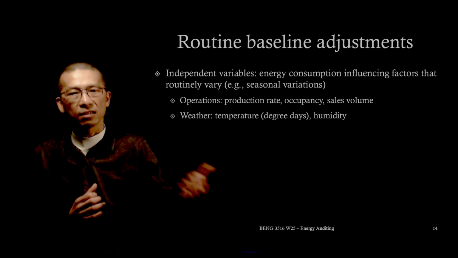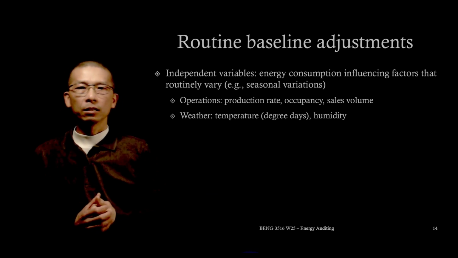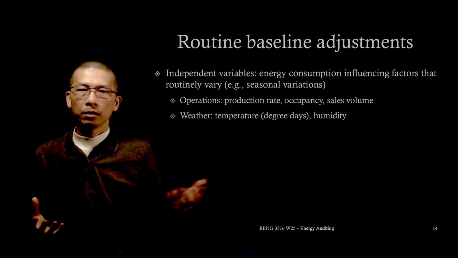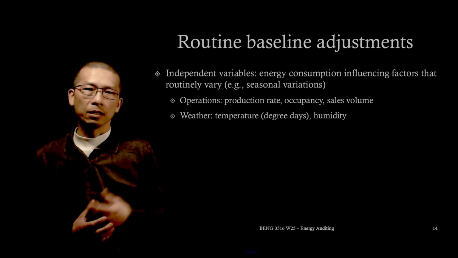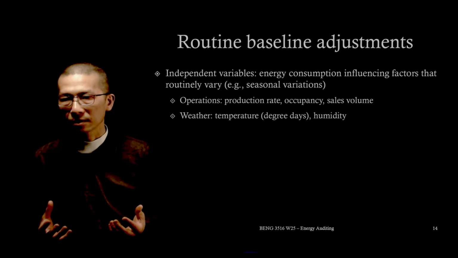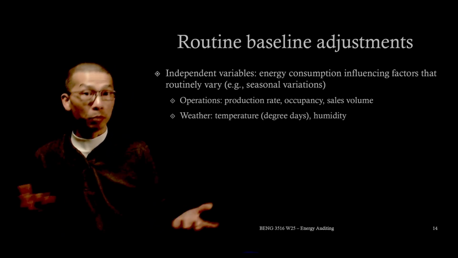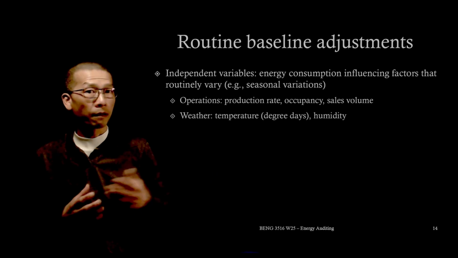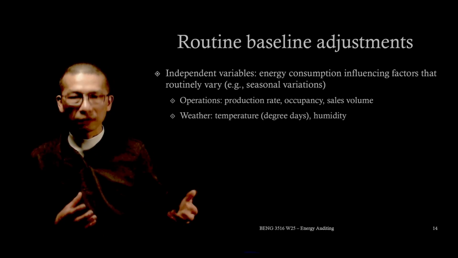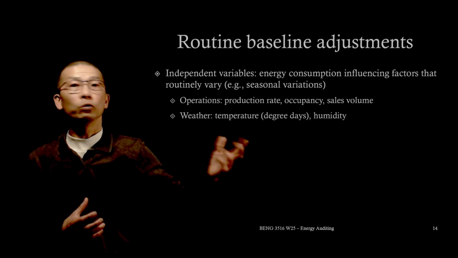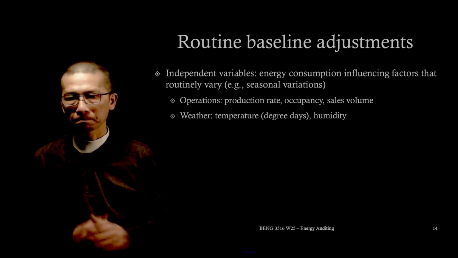Again, seasonal variations affected by the weather or the number of heating and cooling degree days, humidity, as well as operational variables. So there are lots of variables that can affect energy use, and these are the routine adjustments.